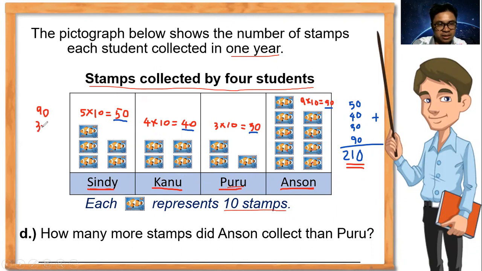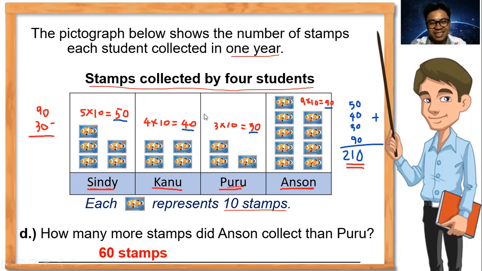So, 90 minus 30. What is the answer? Yes, the answer is 60 stamps. Anson collected 60 more stamps than Puro.